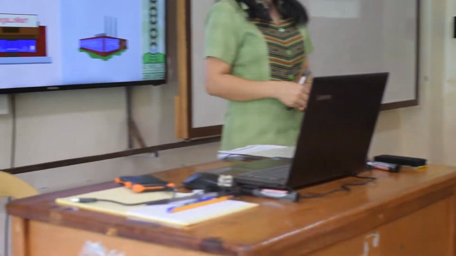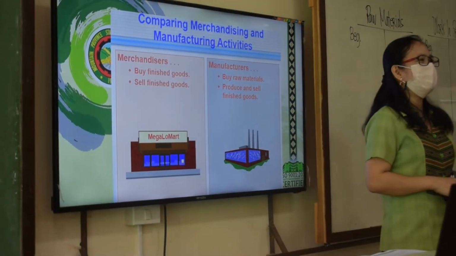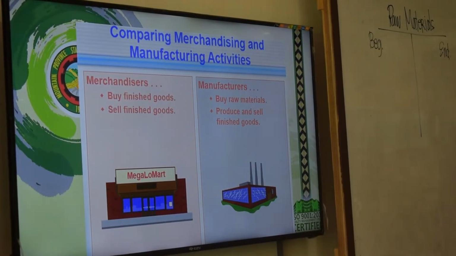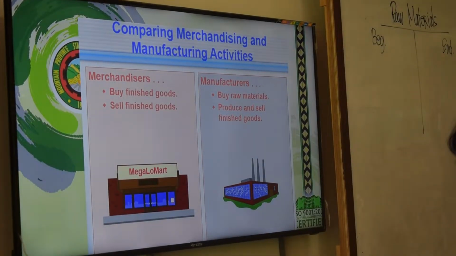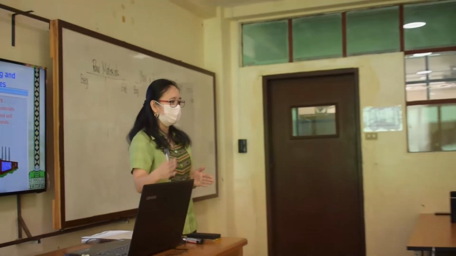On this slide, it particularly distinguishes the activities of a merchandising and a manufacturing firm. So, only the activities are presented. In a merchandising firm, their routine activities are only focused on buying the finished product and selling the finished product.